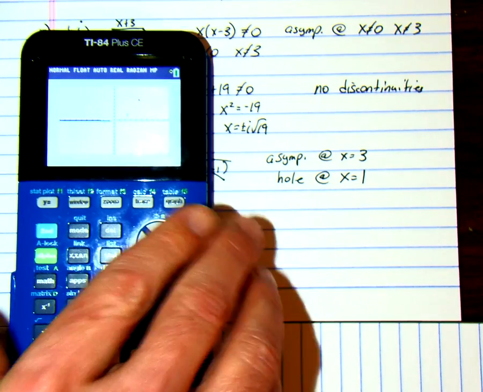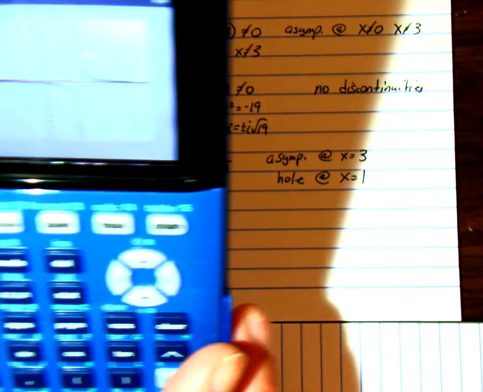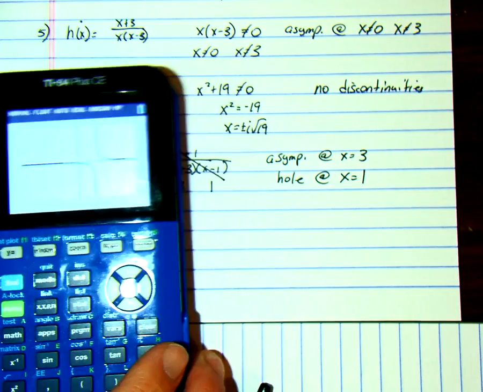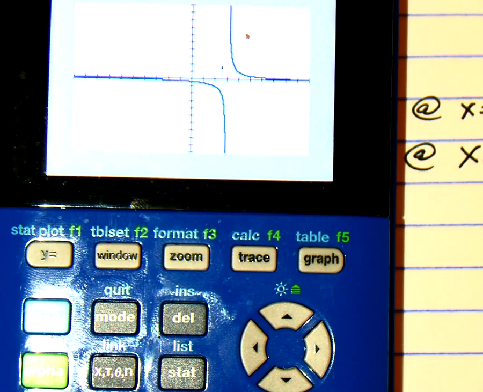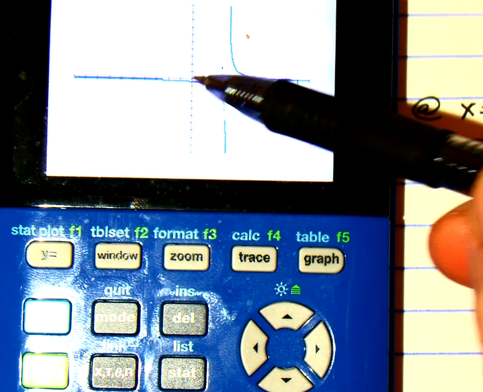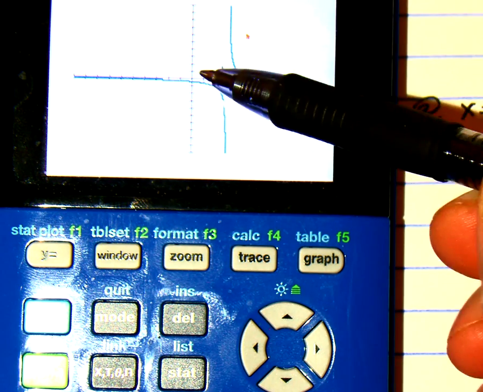All right, let's look at this. Surely we can zoom in. I'm not messing this up too badly. So there's my graph. We can see at 3 there was a vertical asymptote, because my line gradually approaches it.